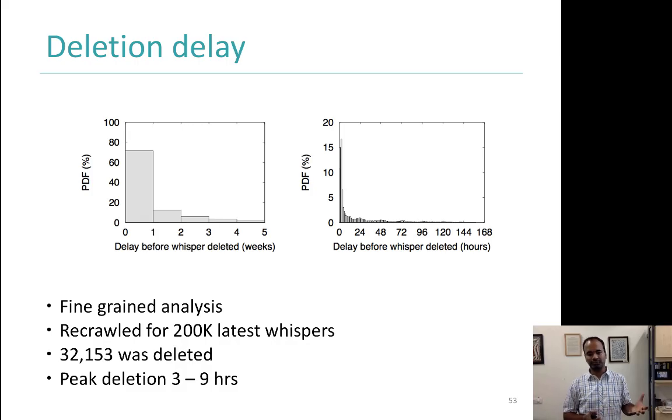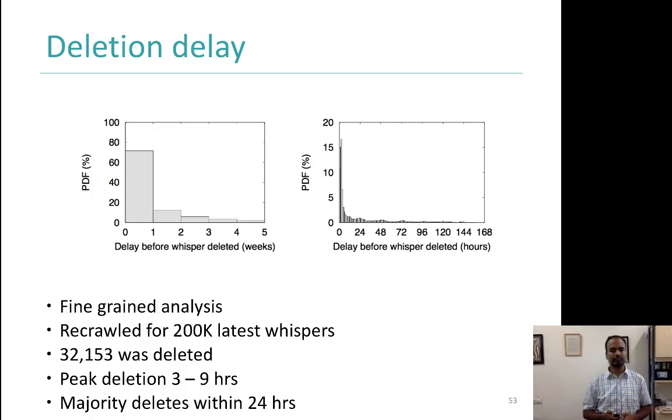Peak deletion was between 3 and 9 hours, which means any post that was going to get deleted is deleted between 3 and 9 hours. Even if you zoom into the data for this 1 week, the majority of them are getting deleted within the first 24 hours.